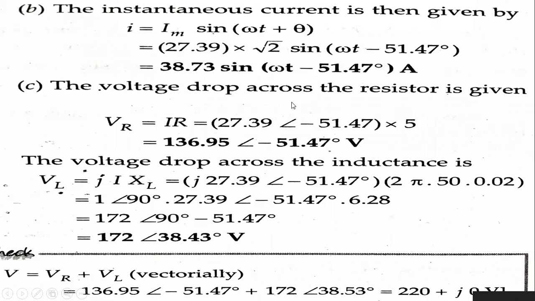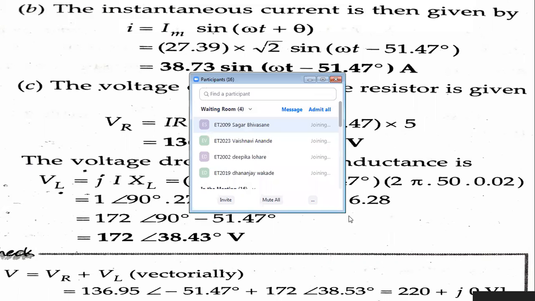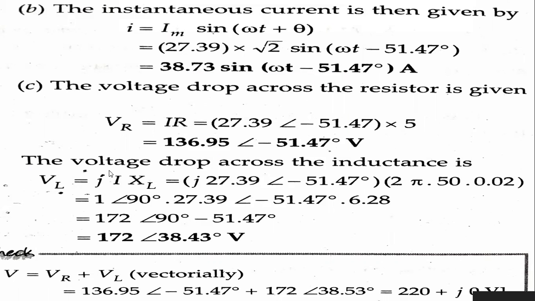Now the third case: the voltage drop across the resistor is given as. So they are asking the voltage drop across the inductor, the voltage drop across the resistor, and the combination of these is nothing but the total voltage. So the voltage drop across the resistor, VR, is nothing but the voltage drop across the particular resistor.